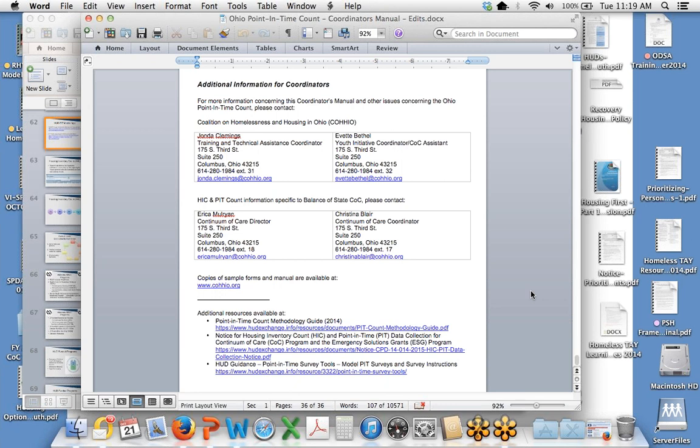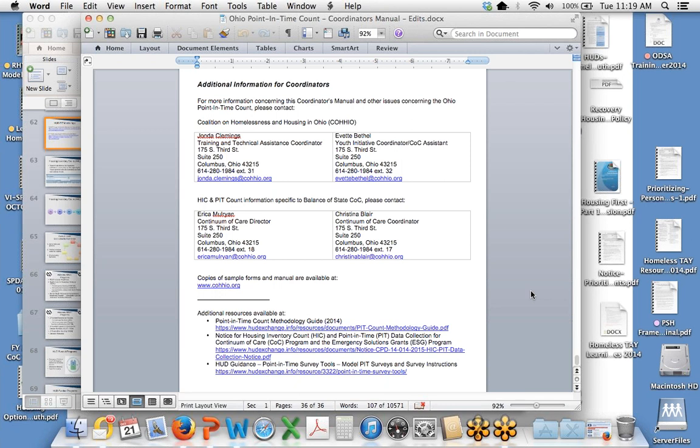If you're coming from one of the Balance of State communities, so the 80 most rural counties in Ohio, you'll be talking with Erica and Christina about more specific Balance of State information. I know Christina sent out an email, either last Thursday or Friday, I think, talking about a couple of additional trainings that they're going to be having for Balance of State programs this year.